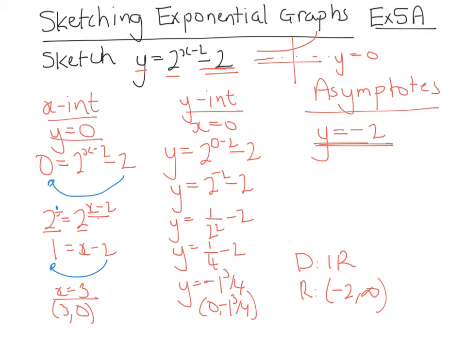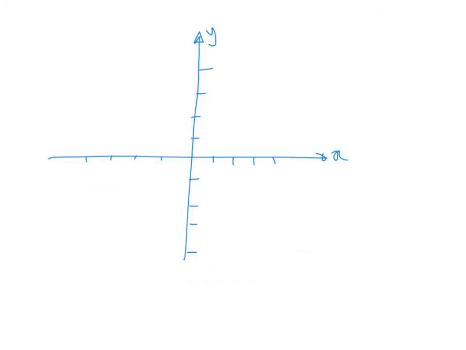Alrighty, give me a second and we'll plot it all together. Now it is important when you sketch these graphs, you use the scale that's given to you on the exam or on any SAC or any other assessment task. So we had an asymptote at y equals minus 2, so I've used the minus 2 on the scale there and labelled the asymptote y equals minus 2.